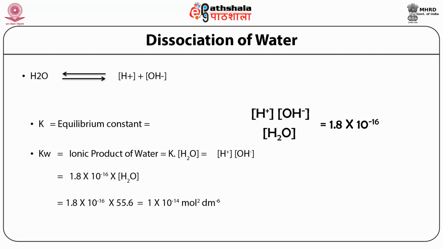And the value of the water concentration is 55.6. So if we multiply it by 1.8 into 10 to the power minus 16, the ionic product of water will come out to 1 into 10 to the power minus 14. So this is the extent of dissociation of water.